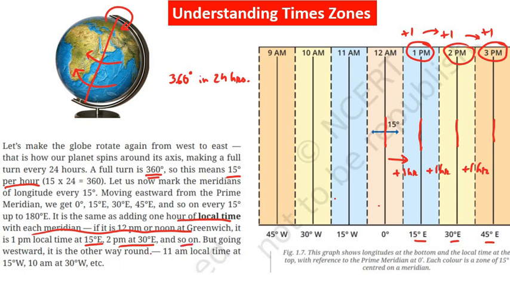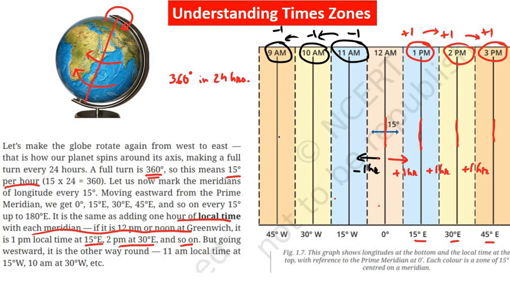But going westward, it is the other way around. So if we move in this direction, say let me use a different color, then it is minus 1 hour. So if it is 12 am, then here it is minus 1, 11 am. Next at 30 degrees west, we will have 11 a.m. minus 1 hour, which is 10 a.m., and so on and so forth.